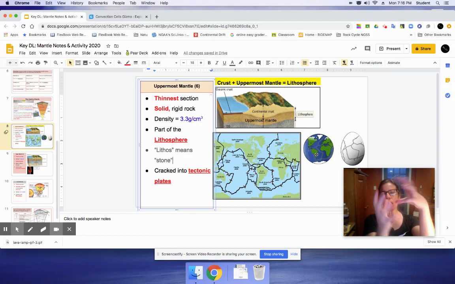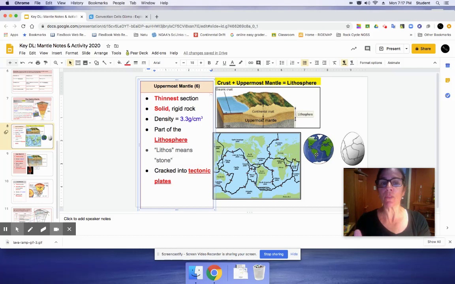It's broken into these giant pieces that scientists call tectonic plates. That word comes from a Greek word, tecton, which means to build. So tectonic plates, and the interactions between them, are responsible for building the lithosphere that we live on. More on that later, but that's where we're heading here.